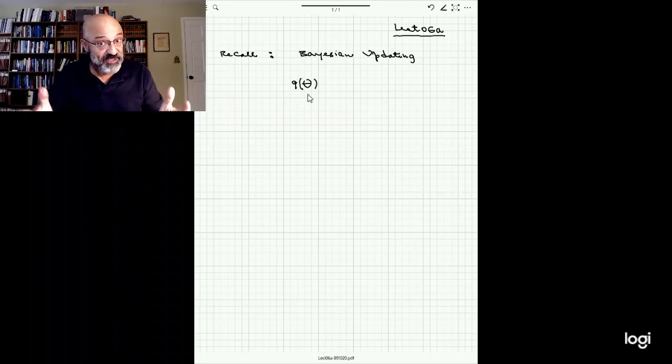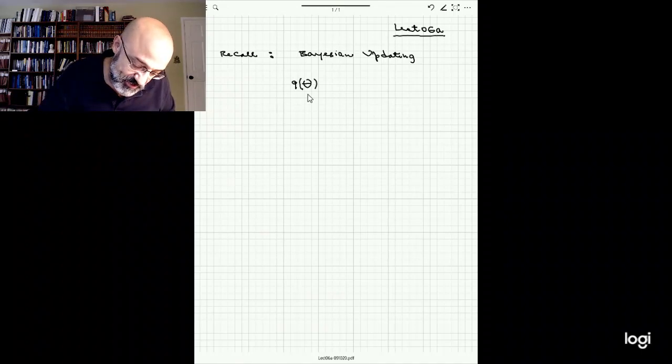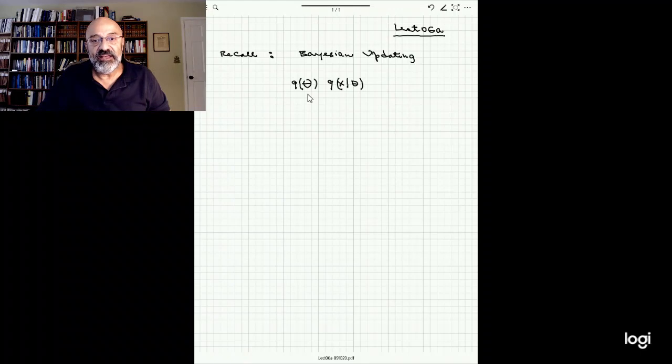Clearly, if we're going to make inferences about theta on the basis of x, there must be some connection between the two. There must be some relation. That relation is expressed in terms of the likelihood function: how theta affects the probability of x.